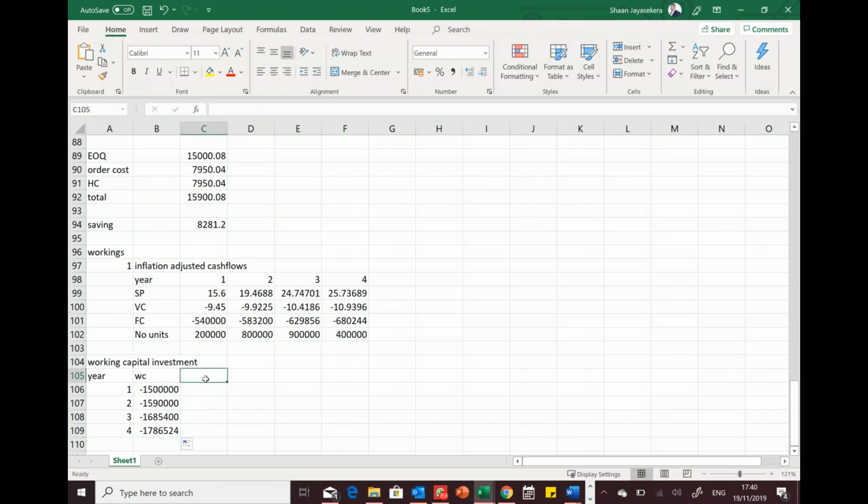Okay. But in working capital, what we need is the increment. So what this means is, though I've invested this much, I don't have to invest this. I just have to take the difference. That's it. So that's exactly what I'm going to work on now.